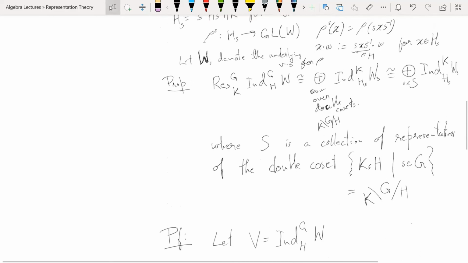So we have shown that V decomposes as some collection of K representations.